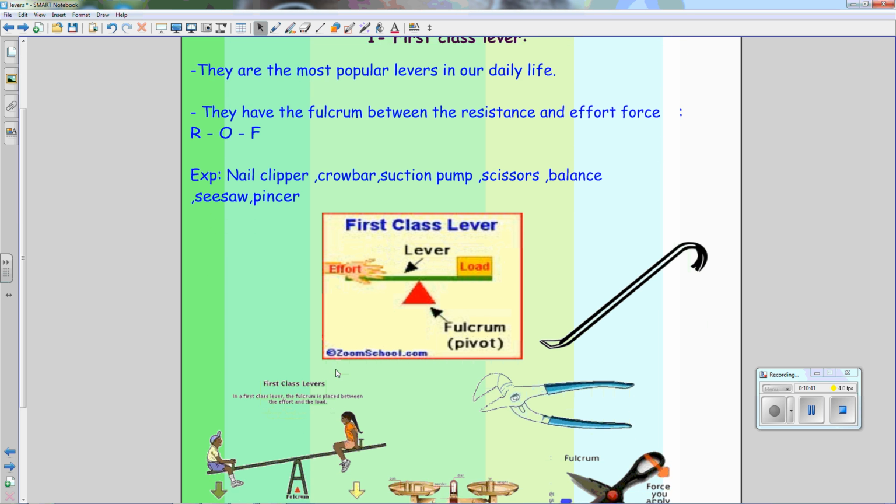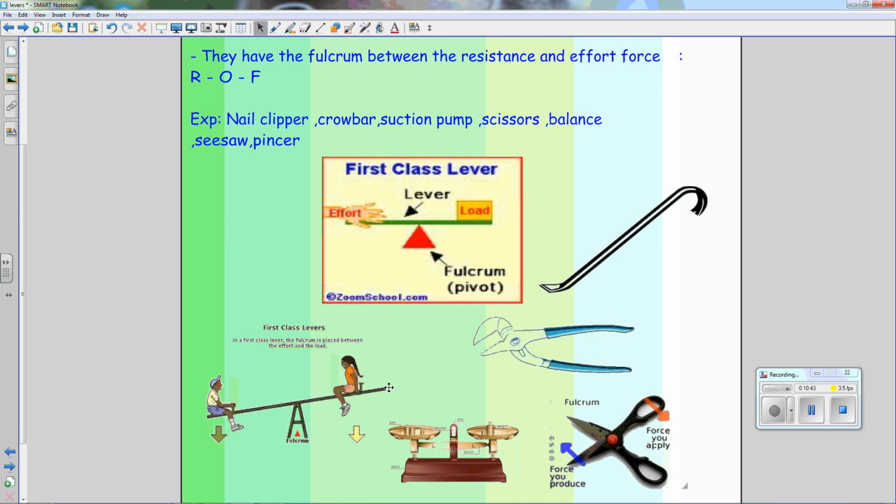Examples of the first class levers: the seesaw, the crowbar, suction pump, scissors, balance, nail clipper. All these are examples of the first class lever. Why do we classify them as first class levers?